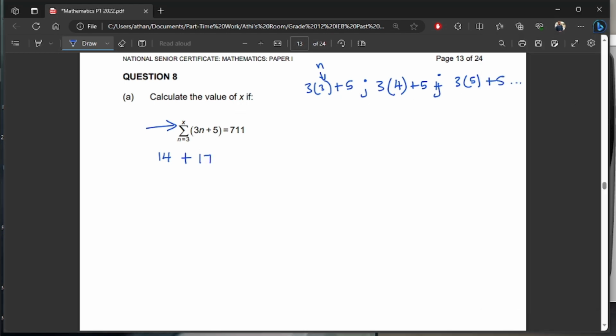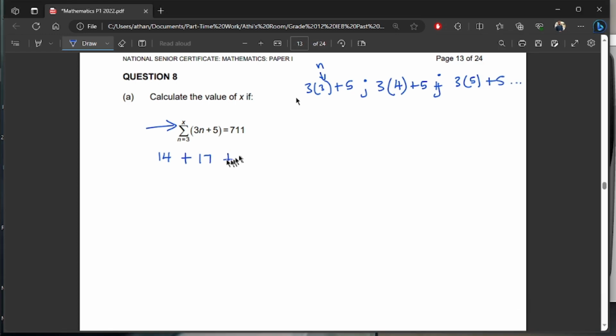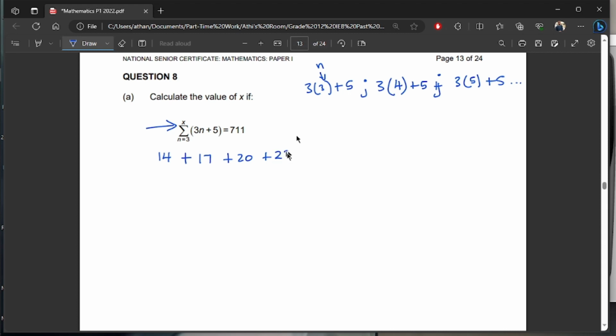The next one, let's replace 4 with 5, and I get 20. Let's do the last one. I replace 5 with 6, and I get 23. I write 23 there.